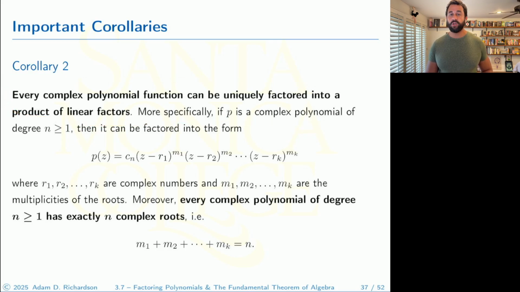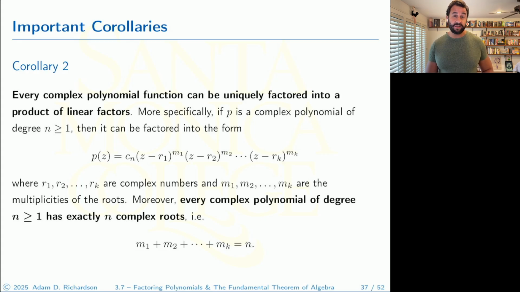Okay, huge result. This means that if you've got a polynomial and you're allowing yourself to work with complex numbers, you can factor it all the way until you end up with only linear factors raised to some multiplicities, right? We don't know what the multiplicities are necessarily, but anytime you see a polynomial, you can factor it all the way down until every factor is linear if you allow yourself to use complex numbers.